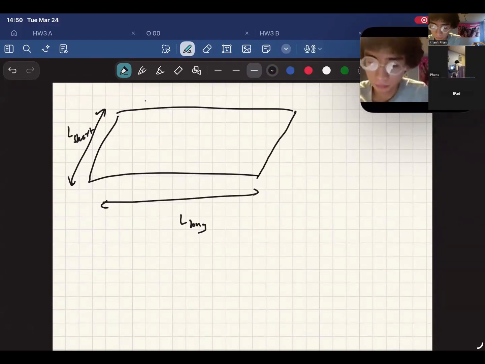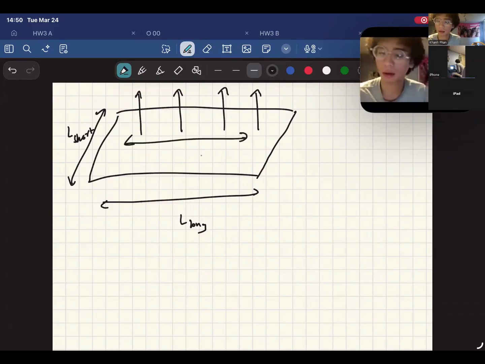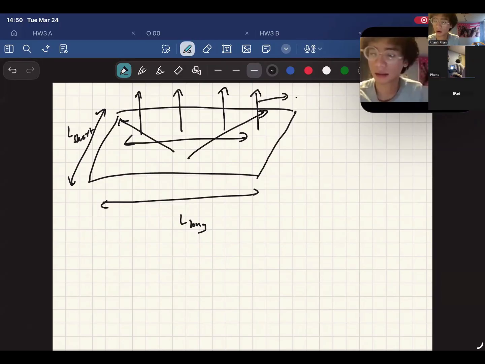So we know that for the length to be the shortest, it has to flow in a normal direction, instead of parallel or any direction at any angle, because that would be significantly longer than in the normal direction.